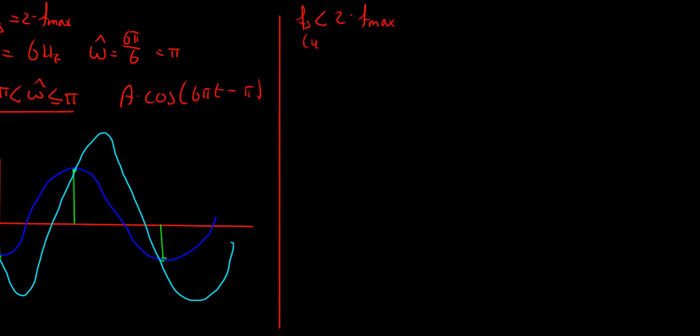This is also called undersampling, which gives us the most problems. So suppose we have a sampling frequency of 4 Hertz. Then our omega hat is 6 pi divided by 4, which is 3 over 2 pi.